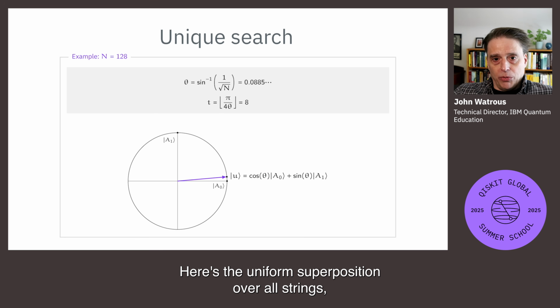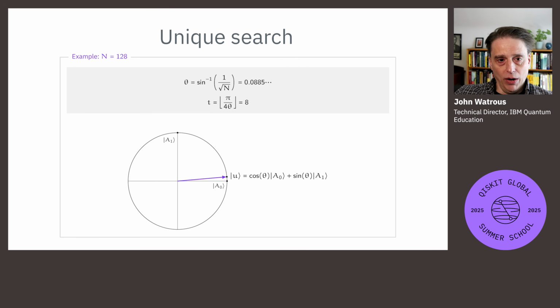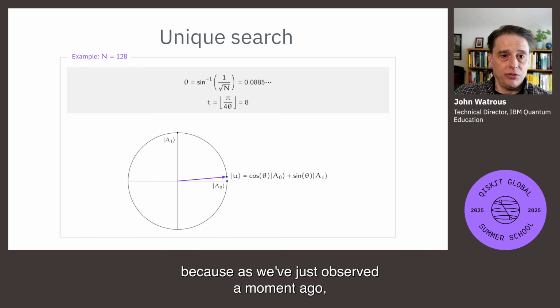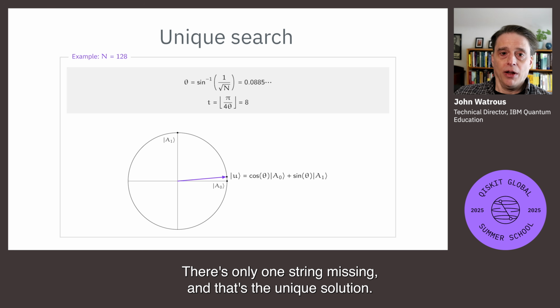Here's the uniform superposition over all strings, which we can write as cosine theta ket A0 plus sine theta ket A1. And it makes sense that ket A0 and ket U are close in this case because, as we've just observed a moment ago, ket A0 is almost the uniform superposition over all strings. There's only one string missing, and that's the unique solution.